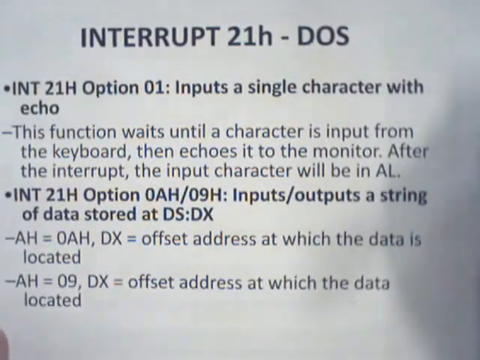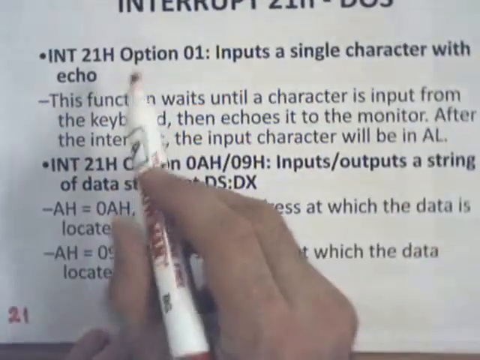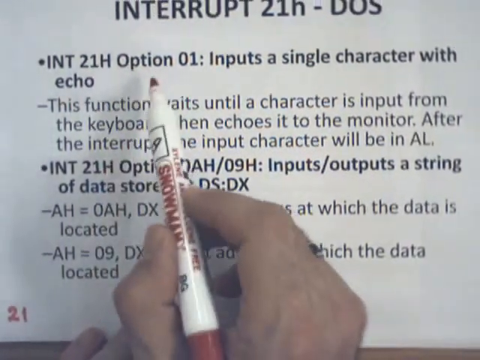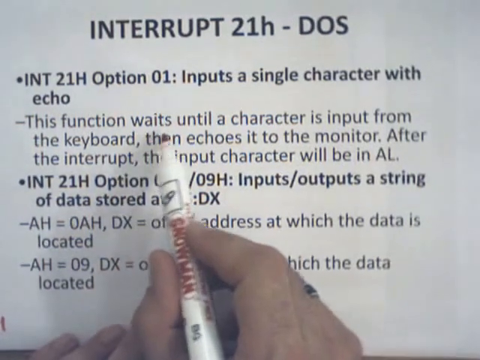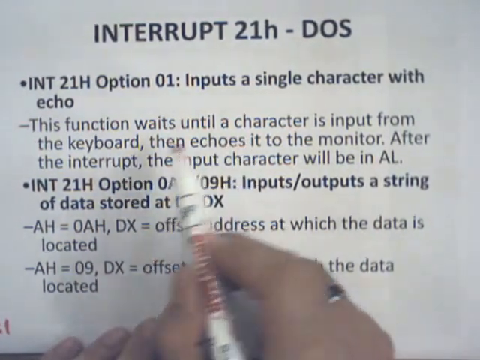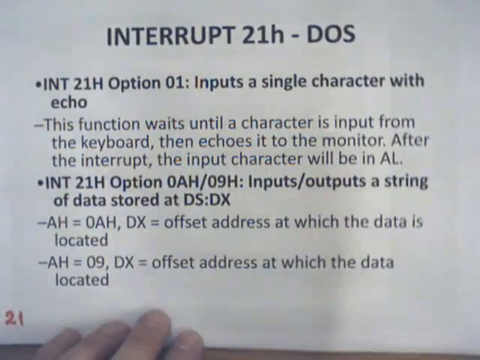Another option, DOS 21 hex option 01, inputs a single character with echo. This function waits until a character is input from the keyboard, then echoes it to the monitor.